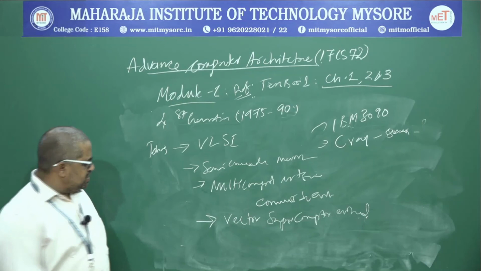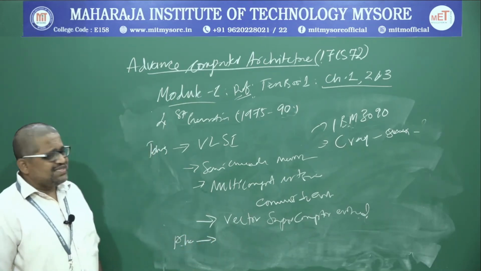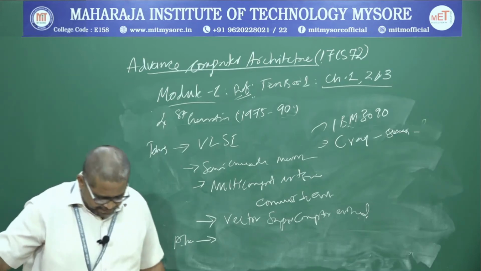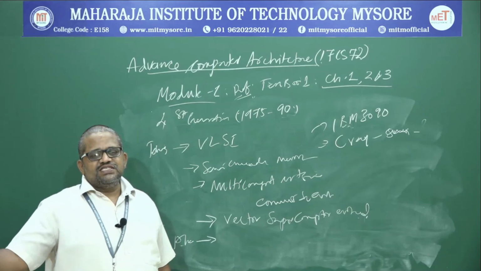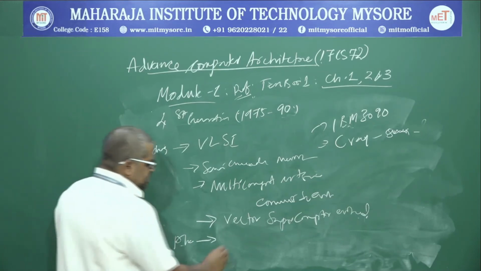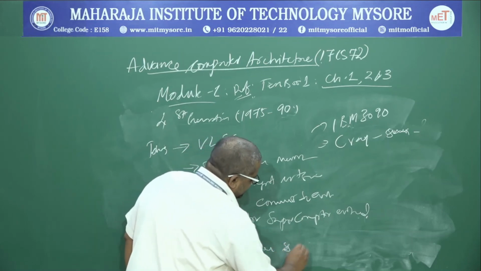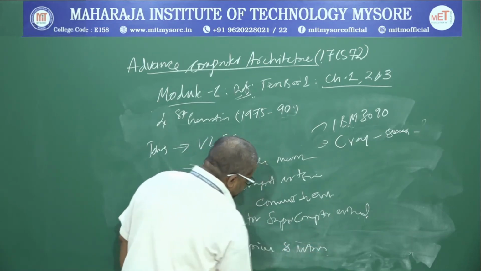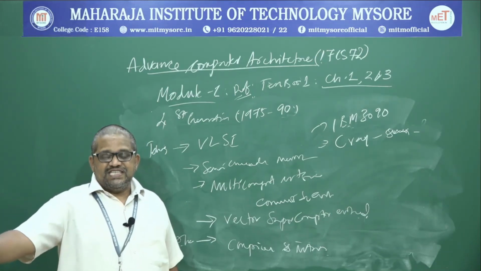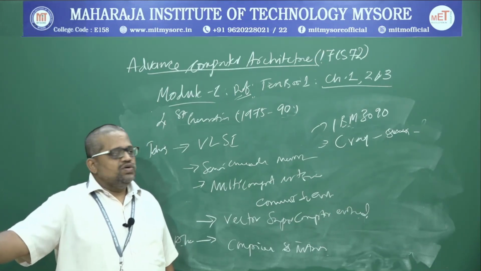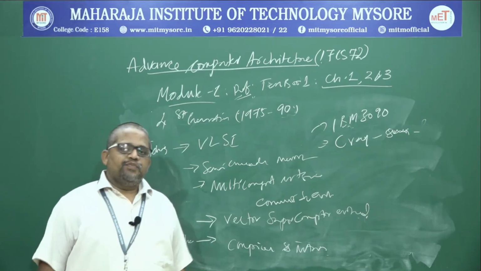Clear? And when it comes to programming languages, as I said, high level languages started to evolve in the third generation itself. Here, along with the high level languages, compilers and interpreters were used. What is the use of these compilers and interpreters? Earlier it used to be machine dependent code, but now they started to move from machine dependent to machine independent programming.